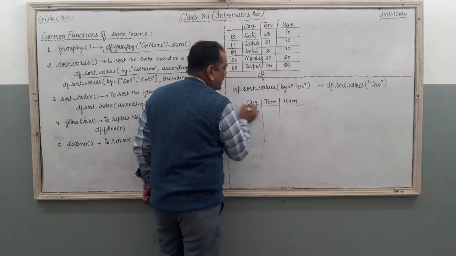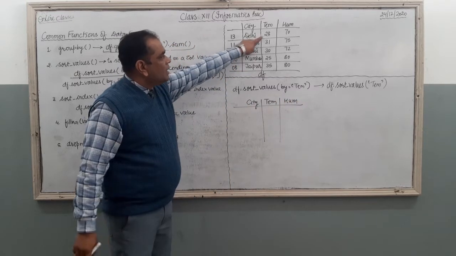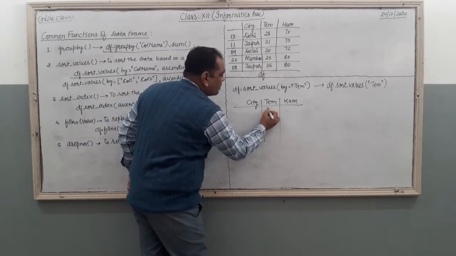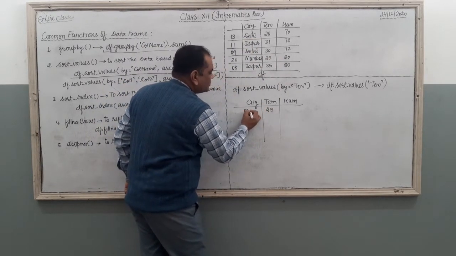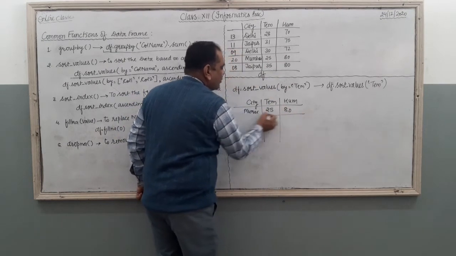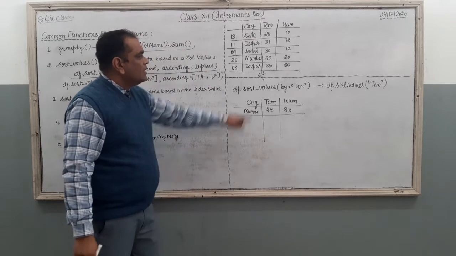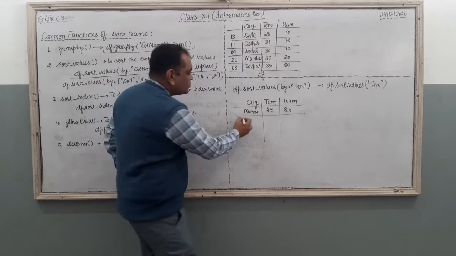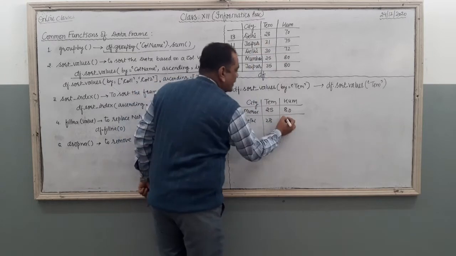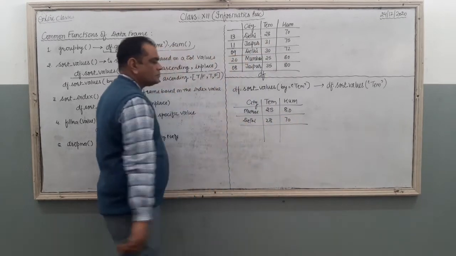Just see the output here: temperature, then humidity. The smallest temperature is 25, so the computer put the 25 record very first. City is Mumbai, and the humidity is 80. The second record is 28, so the computer put Delhi here, with humidity 70.